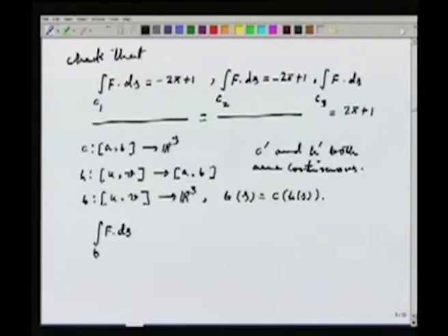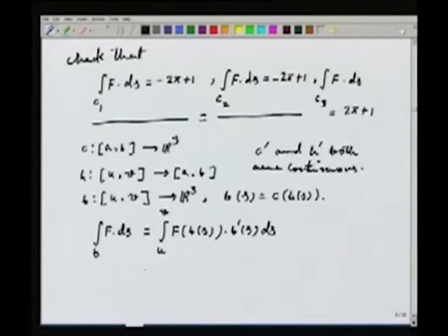Now I want to calculate the integral over B of f dot ds. So I just write down the definition. This is the integral from u to v of f of B of s dot B prime of s ds.